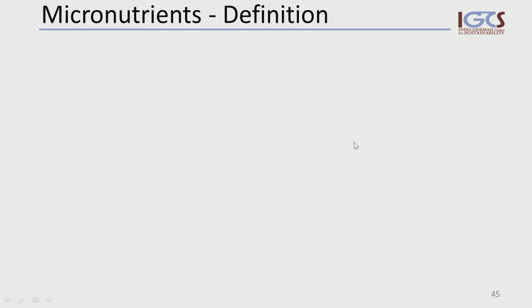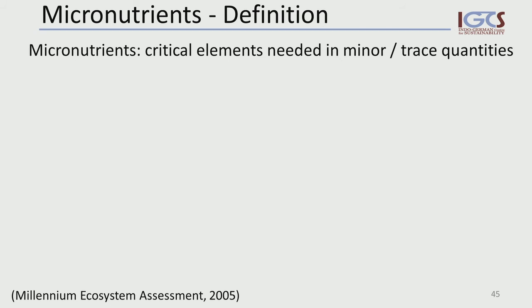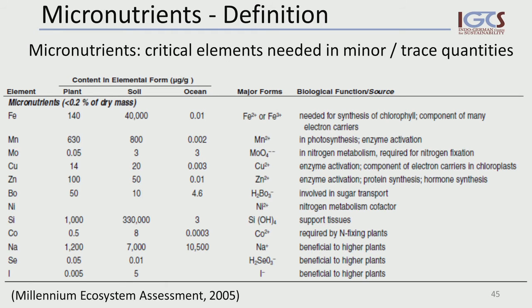And then we have, on the other hand, the micronutrients, which are critical elements and which are needed in minor or trace quantities. What is important is that they are critical. Those elements are limiting the availability of certain species, or the growth or survival of species. So although micro, they are critical and essential elements.